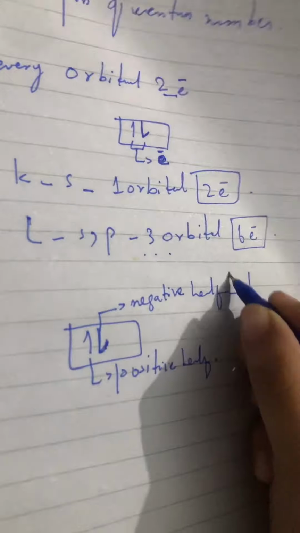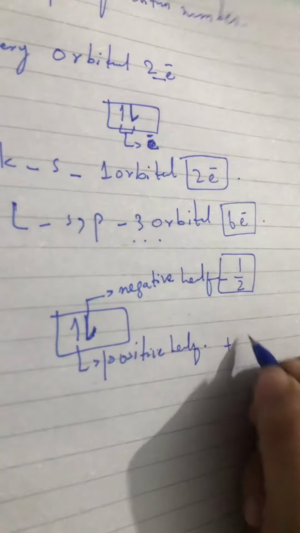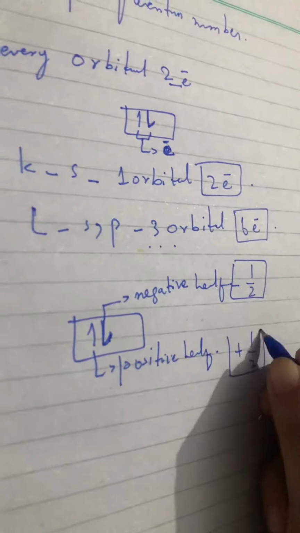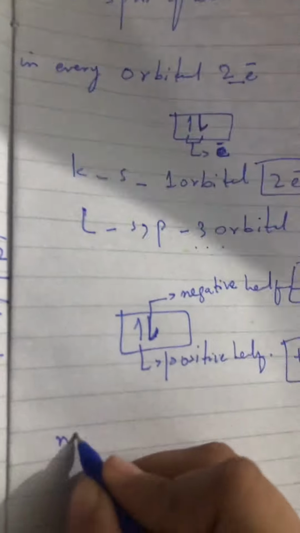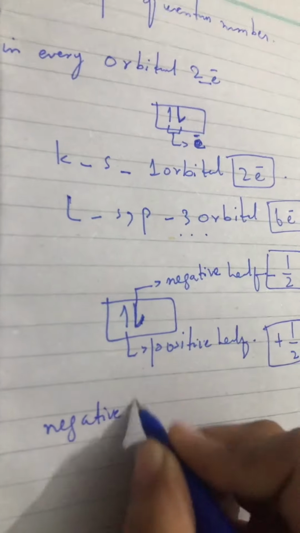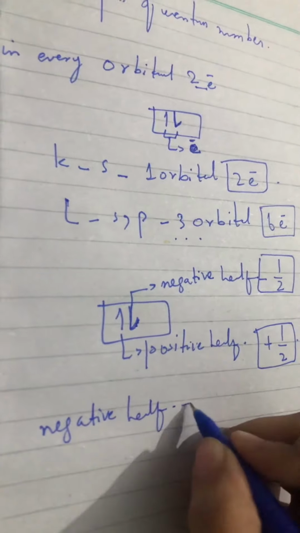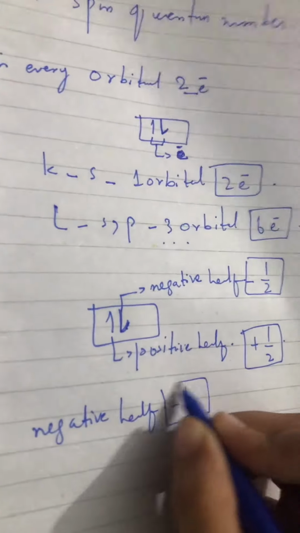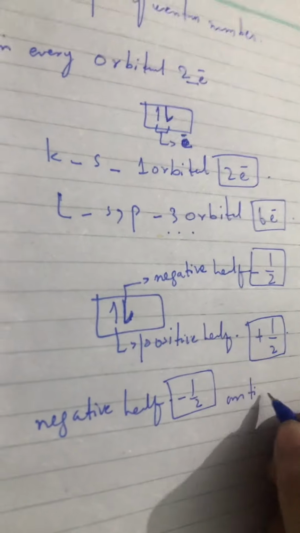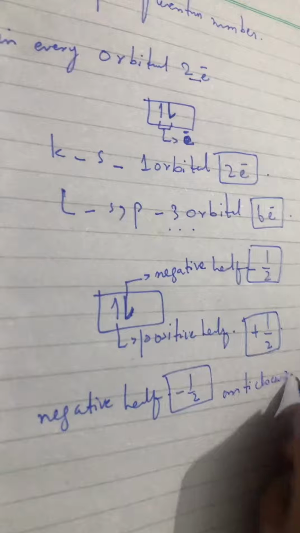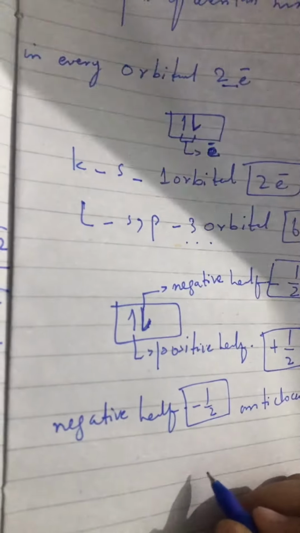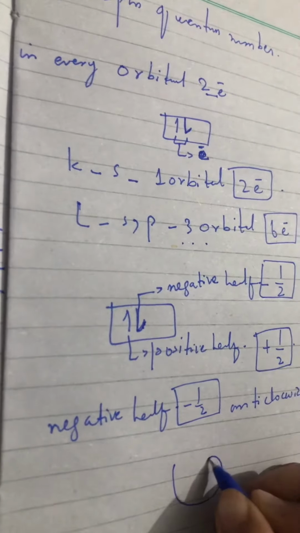The negative half is anti-clockwise, like this.